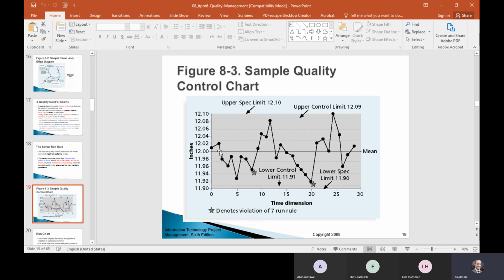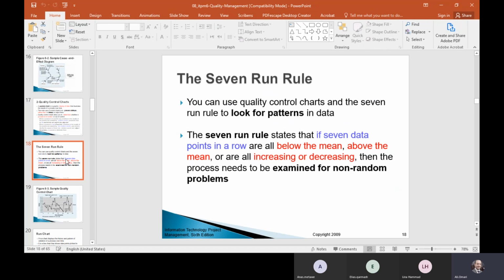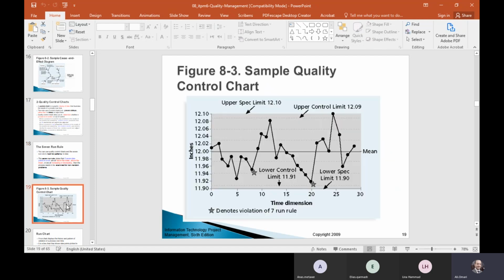The acceptable margin of error is from 11.9 inches to 12.10 inches, and the mean is 12. If there are 7 consecutive points that run under the mean or over the mean, that means we have to examine the quality control process and revise it.